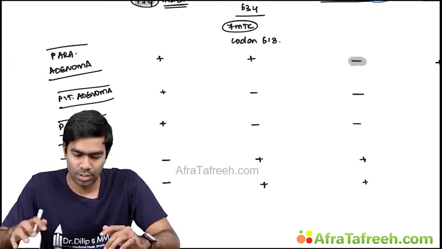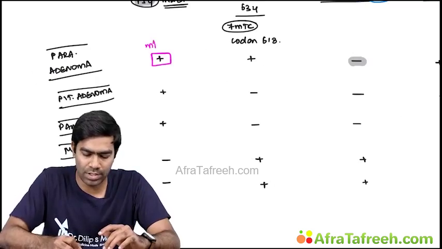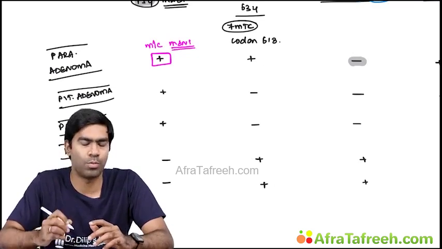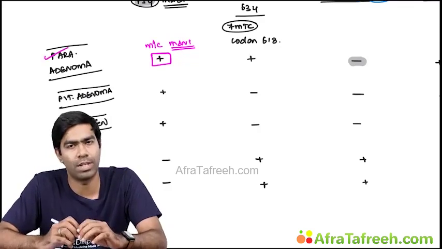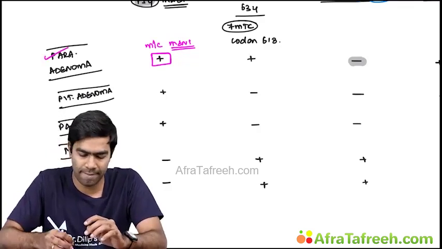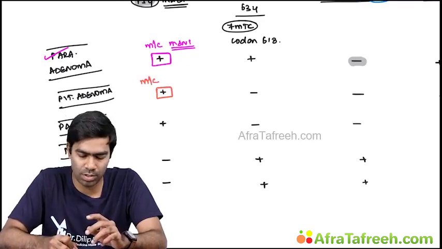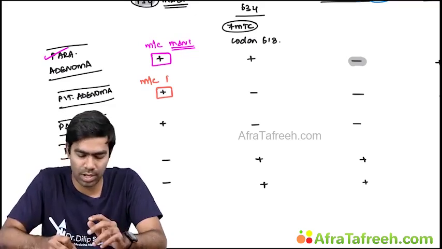Fine. So if they ask you the most common clinical feature or most common tumor associated with MEN1, the answer will be parathyroid adenoma. Very important point. Second, if they ask you the most common pituitary tumor in MEN1, again the answer will be prolactinoma or a lactotroph adenoma.